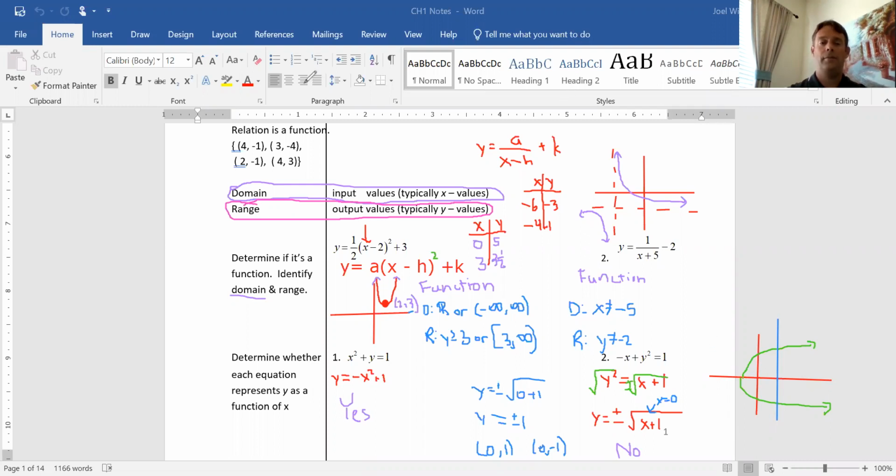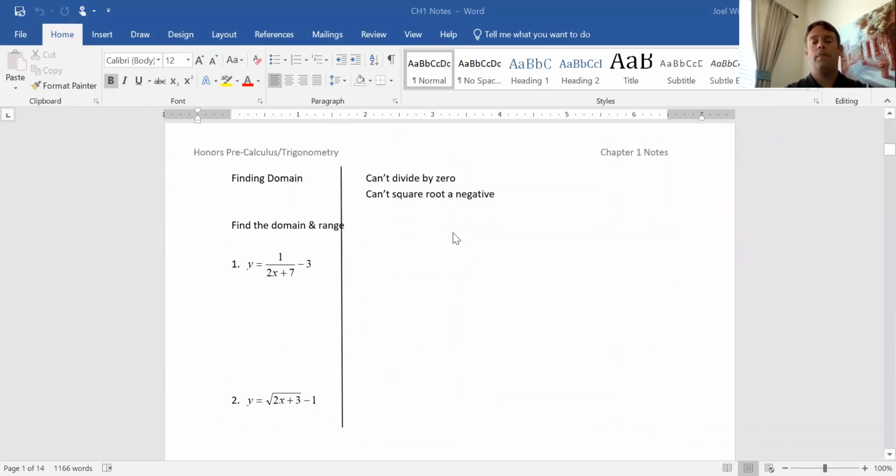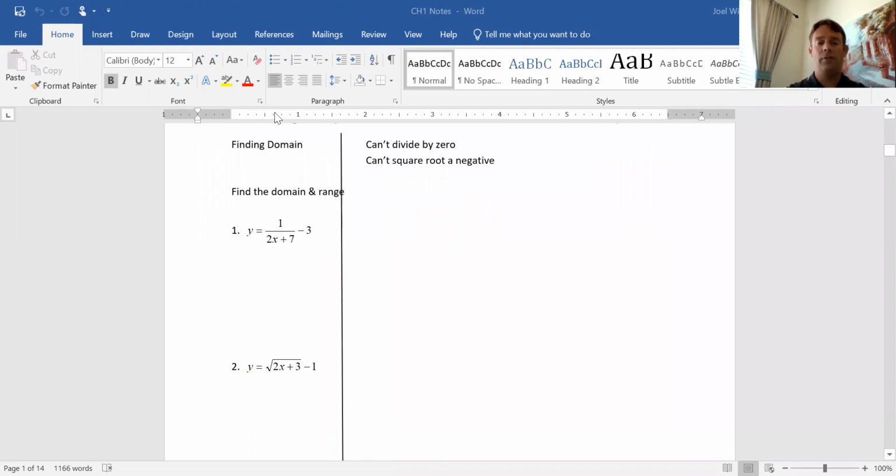All righty. Let's keep going a little bit more. Now, when we're trying to find the domain and range of functions, we can't divide by 0. In other words, when we're finding the domain, some values can't be divided by 0. So where that comes into play is when you're dealing with a function like this, y equals 1 over x. We can't have x values that equal 0.